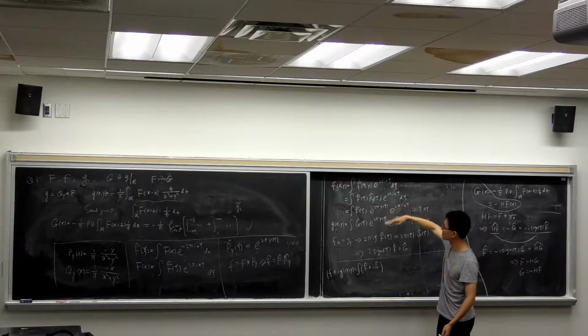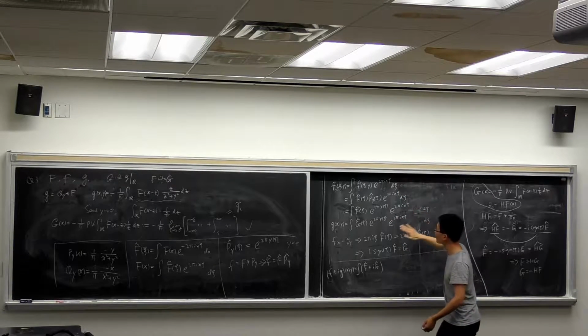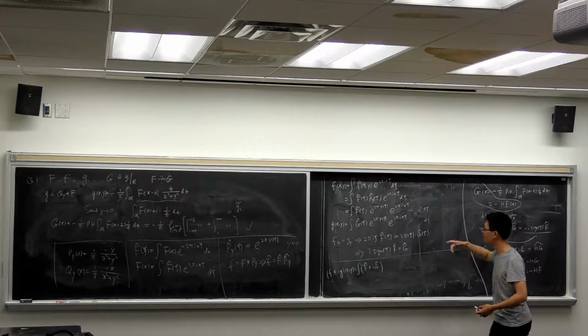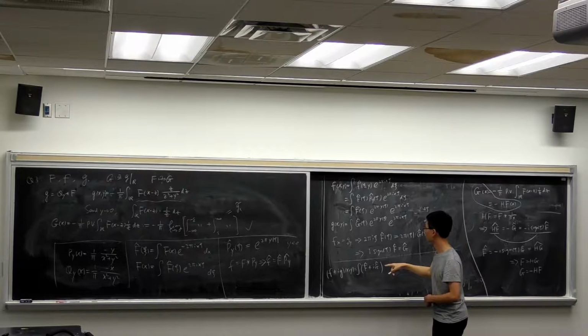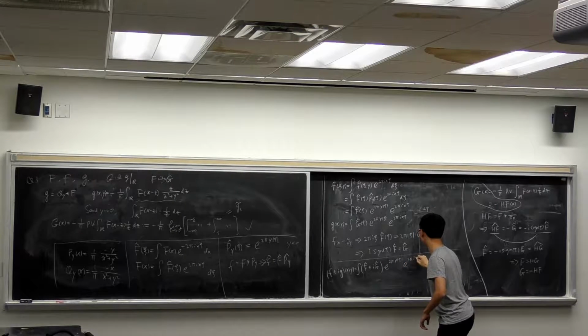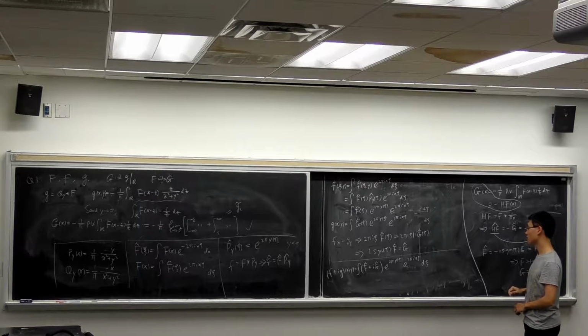I'm just summing these two identities up. Let me recover the original expression: I sum them up and multiply the second expression by i, times 2 pi c e to the 2 pi i x c dc.